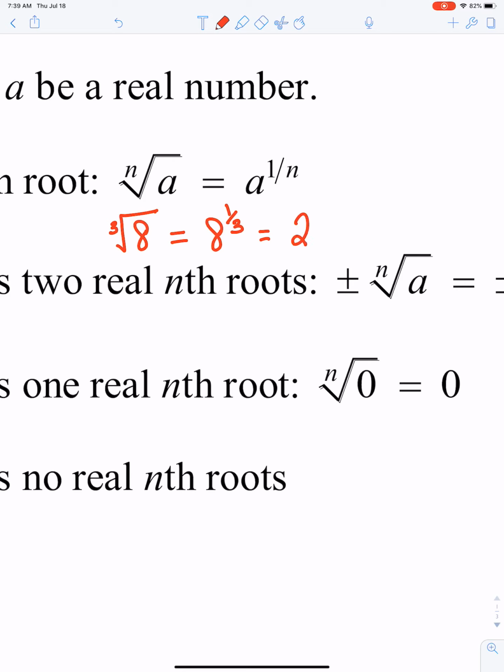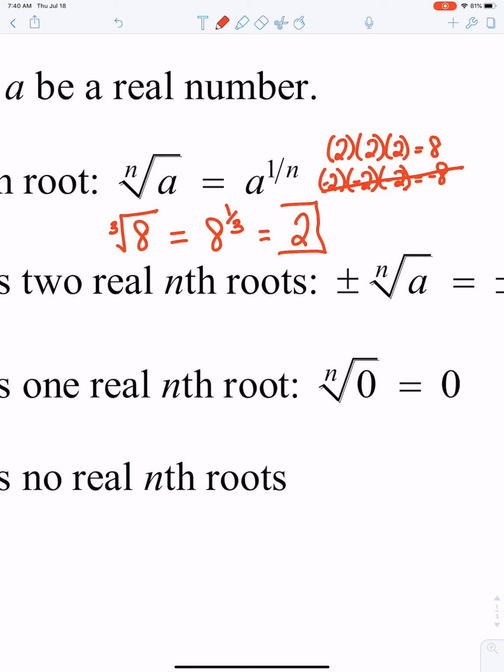The reason it is positive 2, and not plus or minus 2, is because 2 times 2 times 2 is 8. Now, negative 2 times negative 2 times negative 2 equals negative 8. So negative 2 is not an option as an answer.